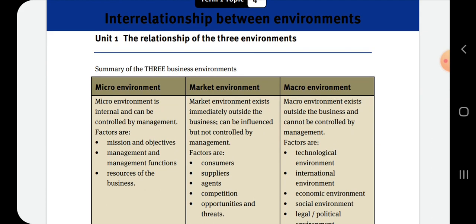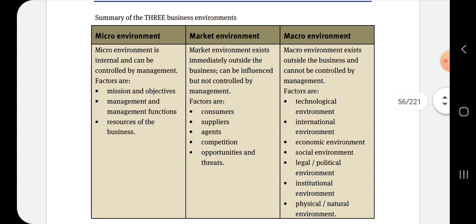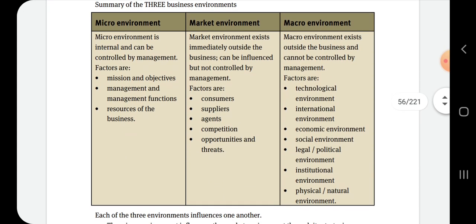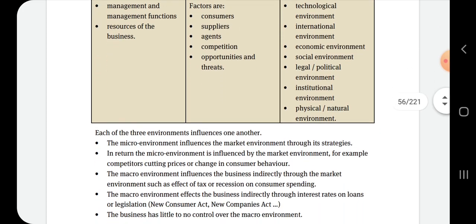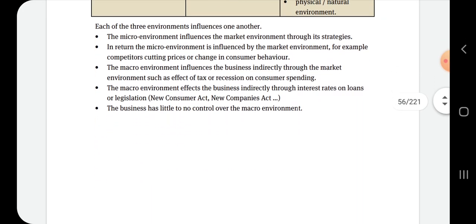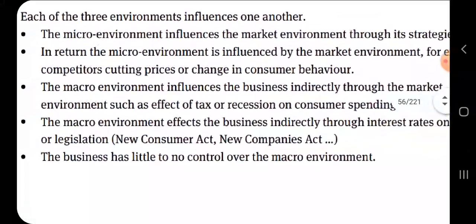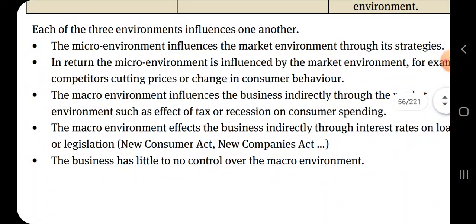So let's look at the relationship of the three environments. This is the summary of the three business environments. So here we have their components, right? These are the components of each environment, and each of the three environments influences one another, right?